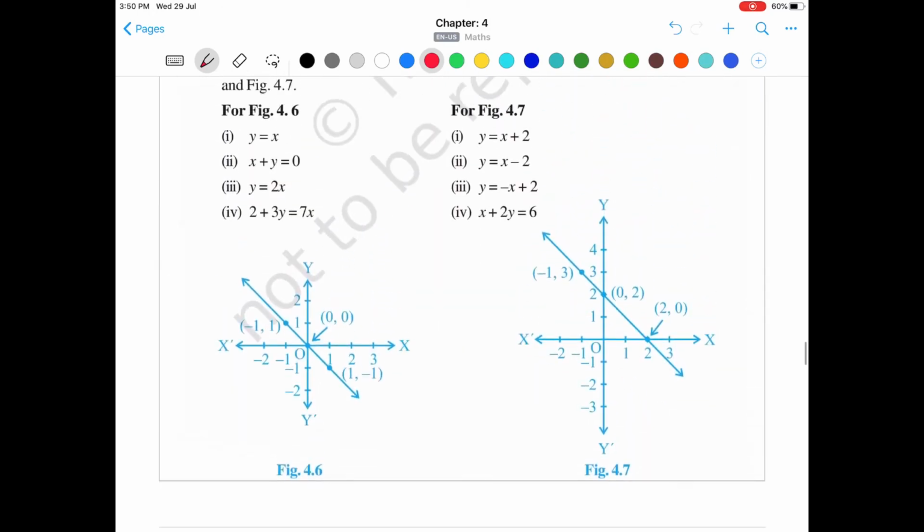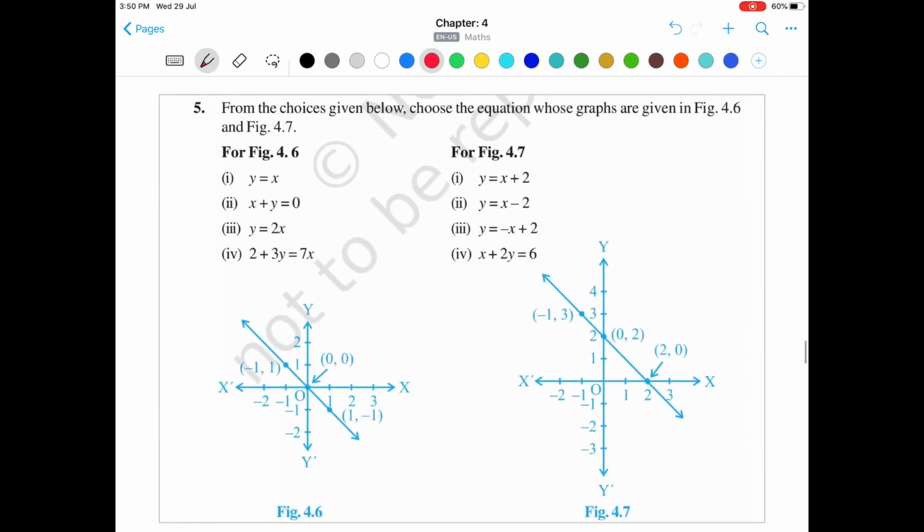Okay, now moving to the next question, question number 5, which says from the choices given below, choose the equation whose graph are given in figure 4.6 and 4.7. So we are given two graph papers here, and we are given certain equations. You have to identify which equation is representing the following graph.